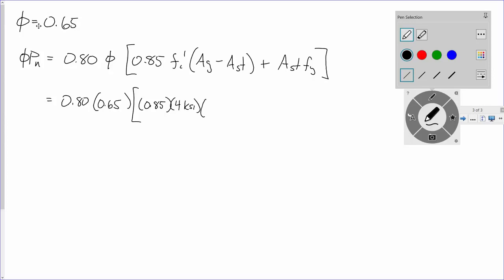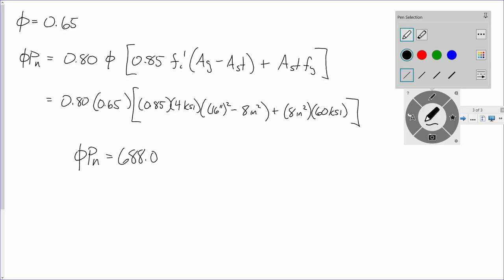All right, Ag is here, what is it going to be? 16 inches squared minus, now we have 8 number 9, so that's 8 square inches, plus 8 square inches times 60 ksi. Phi Pn is what? That one's a simple one, isn't it?